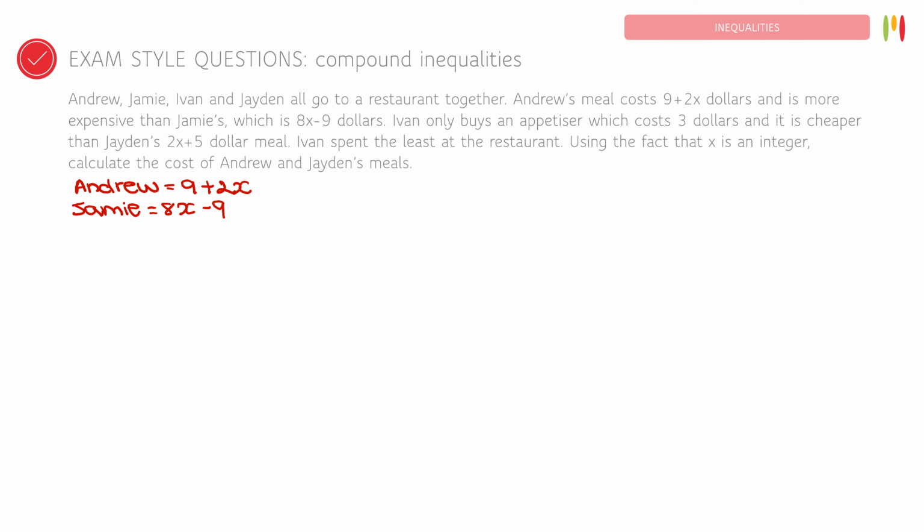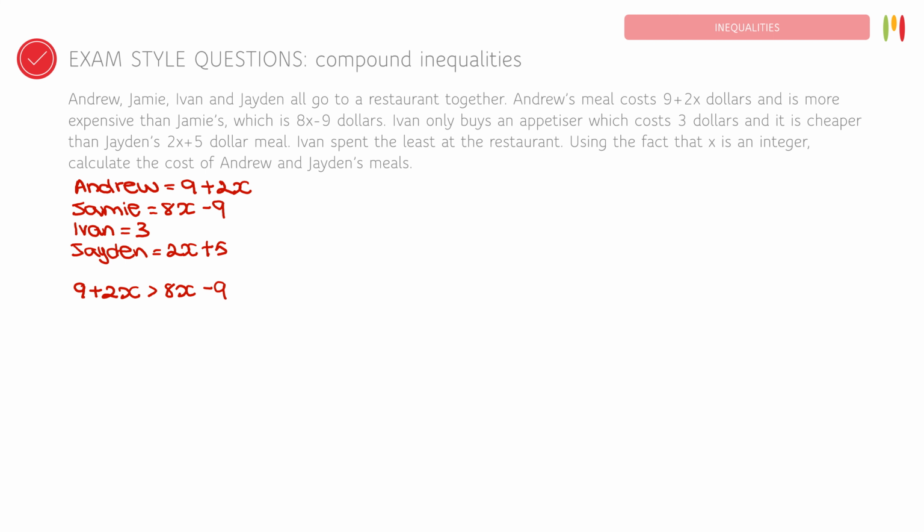Ivan's meal costs $3. And Jaden's meal costs $2x plus $5. We have also been told that Andrew's meal is more expensive than Jamie's. Therefore, we know that 9 plus 2x is greater than 8x minus 9.